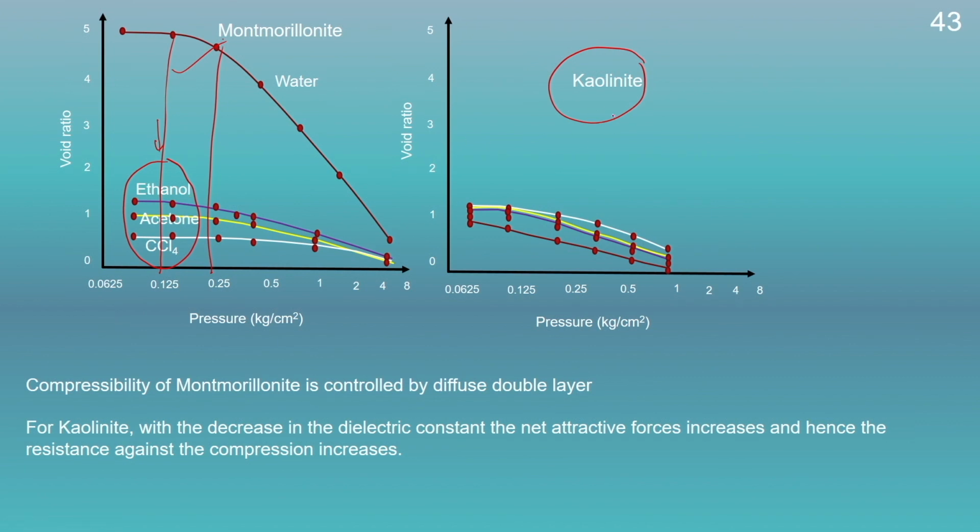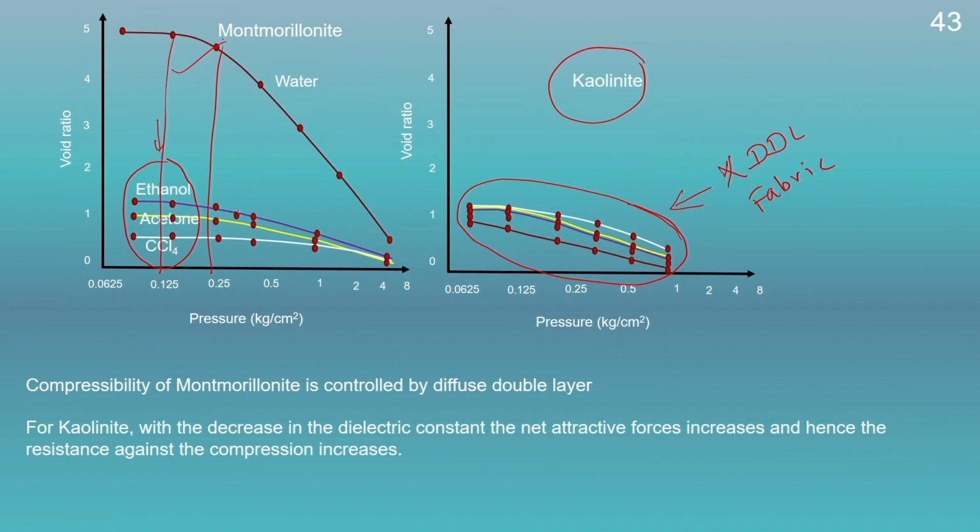But if we compare with kaolinite, we could see the difference in the presence of all these 4 pore fluids has a marginal effect on kaolinite in comparison to montmorillonite, because in kaolinite it is not controlled by the diffuse double layer thickness. In fact, it is controlled by its fabrics.